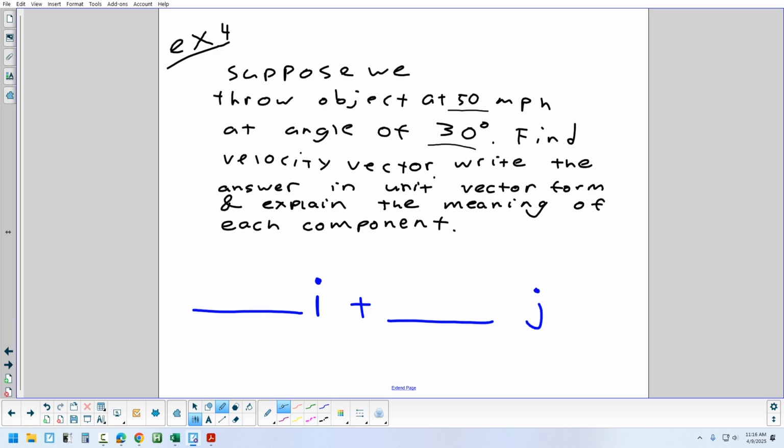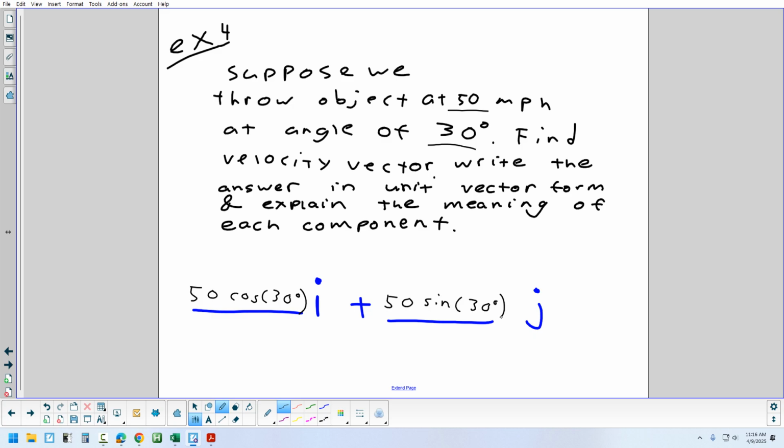What's the formula when I fill in my initial speed and my angle for the part that goes in front of i? 50 cosine 30 degrees i. And what's the formula for the part that goes in front of j? 50 sine 30 degrees j.